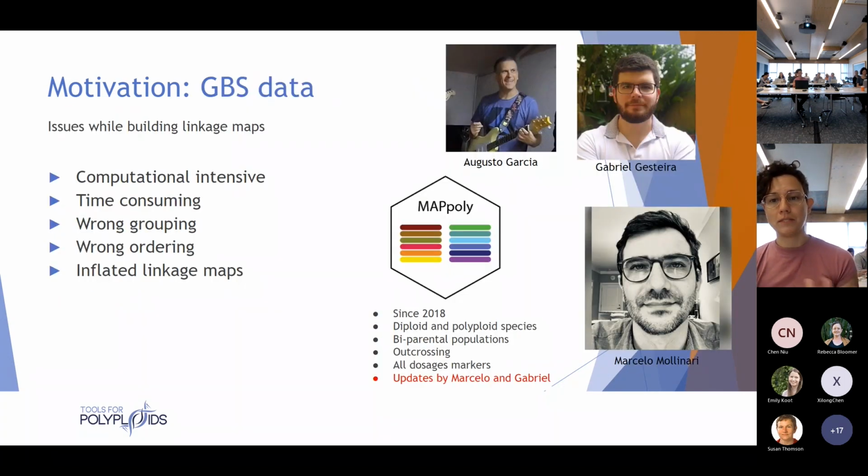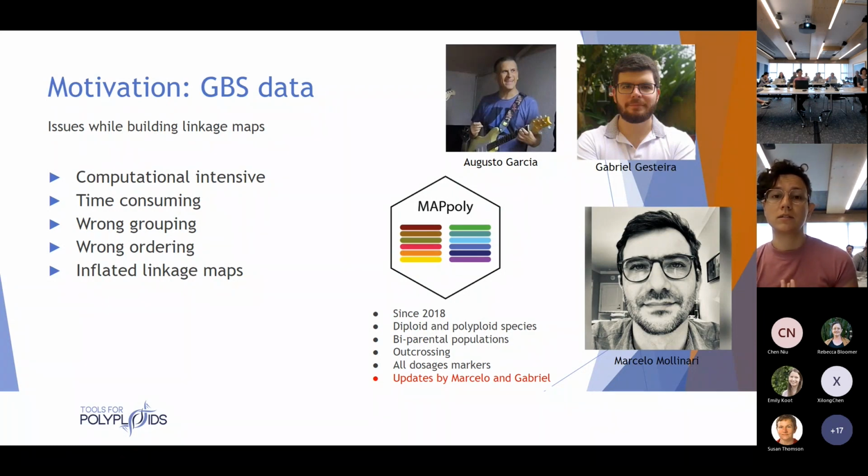And also, Marcelo kept working on expanding the OneMap functionalities to map polyploid species. So he created another package called MAPpoly, and he also had the same issues that I was facing, too many genotyping errors in sequencing markers.